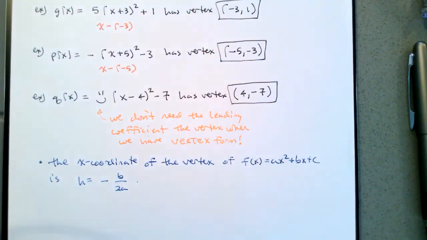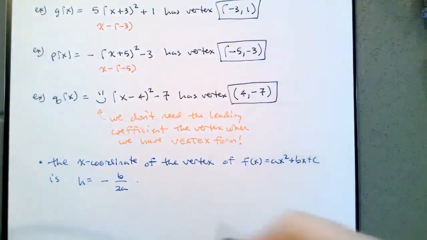So good news, there's a formula for it. Bad news, there's a formula for it. So if you have standard form, you can use h equals negative b over 2a. We get the y-coordinate by plugging in.